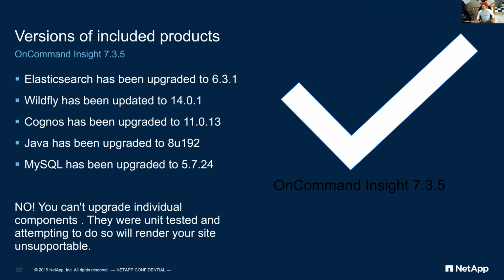Okay, a little bit on versions. This is as of OCI 7.3.5. These are the open source versions of the tools that we embedded into the product. This is usually of interest to people.